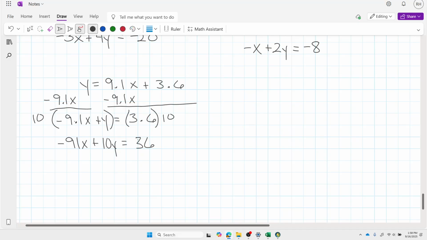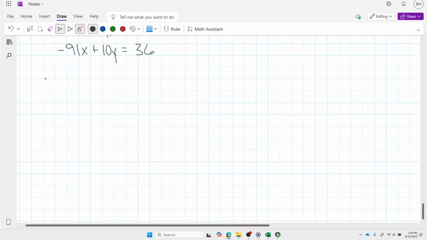All right, in the next part of your assignment, you're going to be asked to find the intercepts and graph the line.